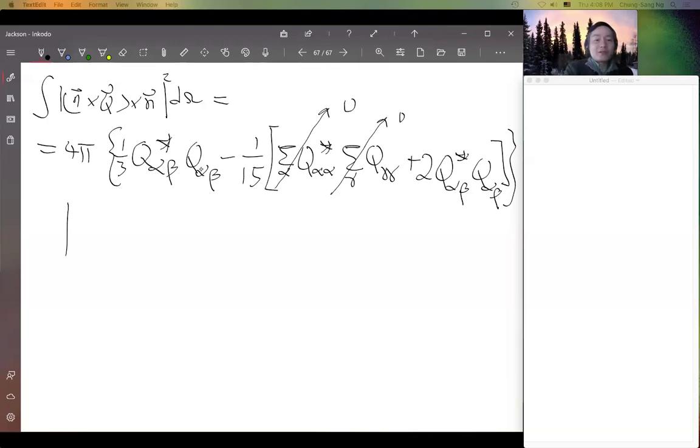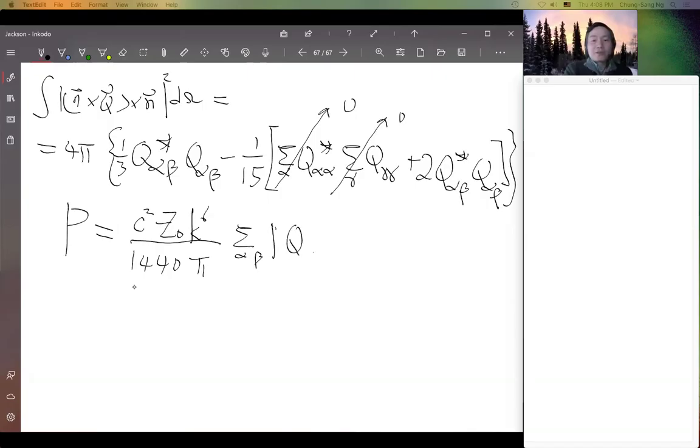So finally, you get the total power after integrating over solid angle and getting all the coefficients correctly. You just need to be careful about all these coefficients. And then finally, it's proportional to the sum over alpha, sum over beta from 1 to 3, of all the components of the electric quadrupole tensor. Okay, so that's the final result.